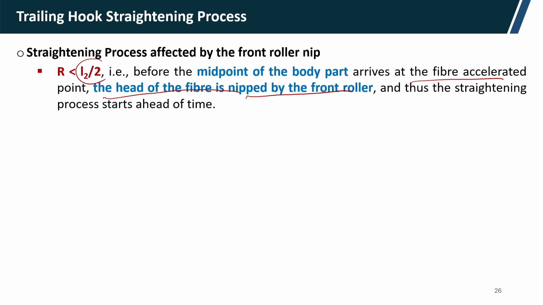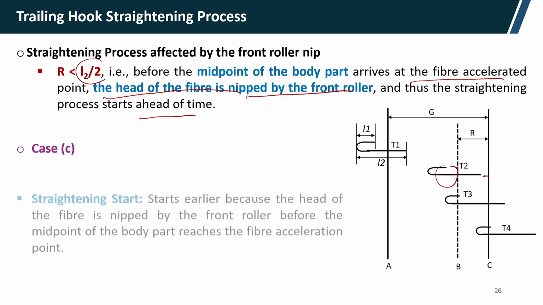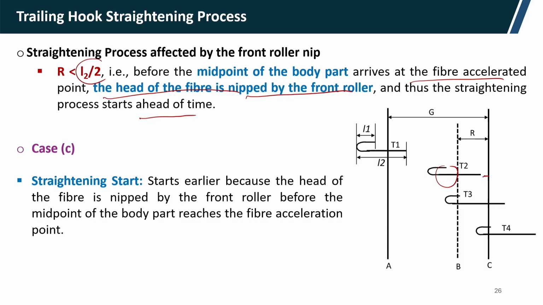Thus, the straightening process starts ahead of time. In case 3, straightening starts earlier because the head of the fiber is nipped by the front roller before the midpoint of the body part reaches the accelerating point. So, that is the condition.